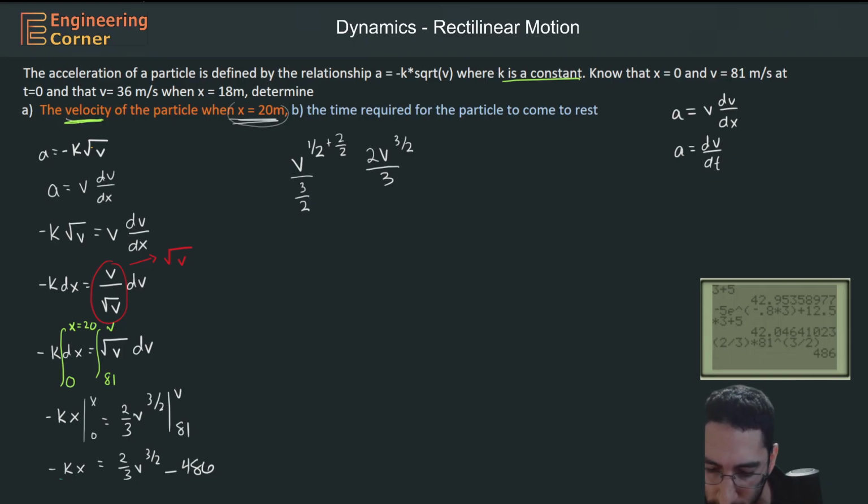But we do know we have these initial conditions right here. So by using those initial conditions, we'll be able to solve for our value of k. So to do that, we'll say that minus k times 81. No, sorry, wrong initial conditions. Our initial conditions are here.